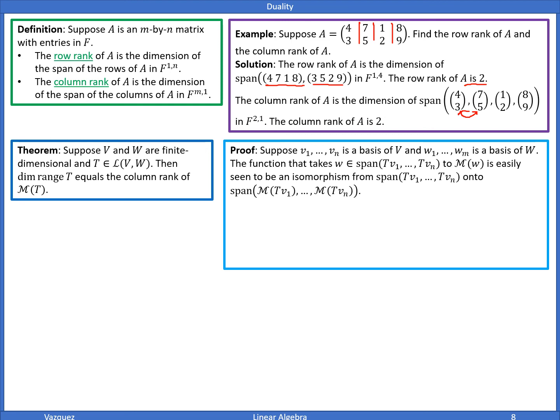Right? And this is just really seen as how we're defining the matrix. If you remember the matrix of T, TVk is the sum of the columns, if I remember, of A_rk W_r.